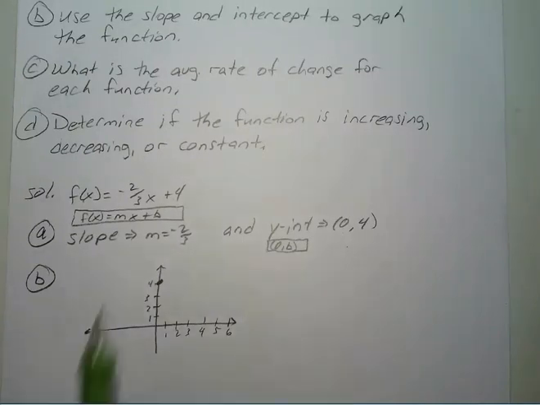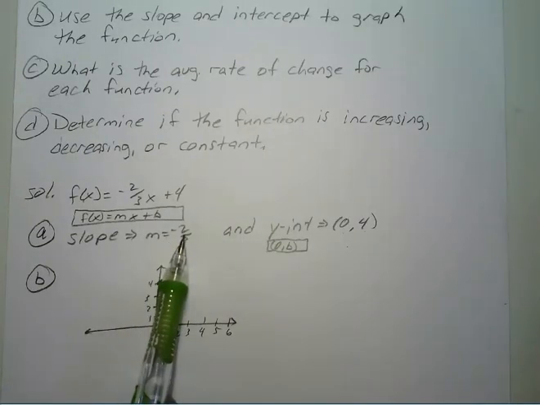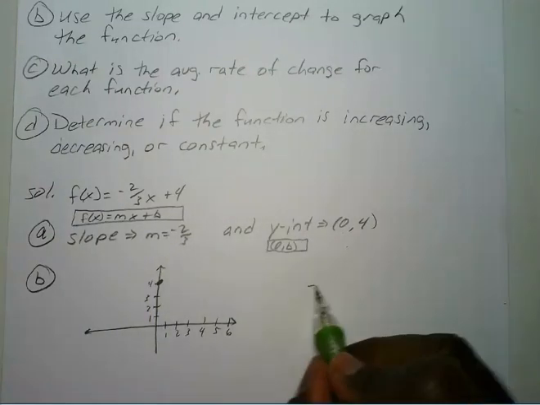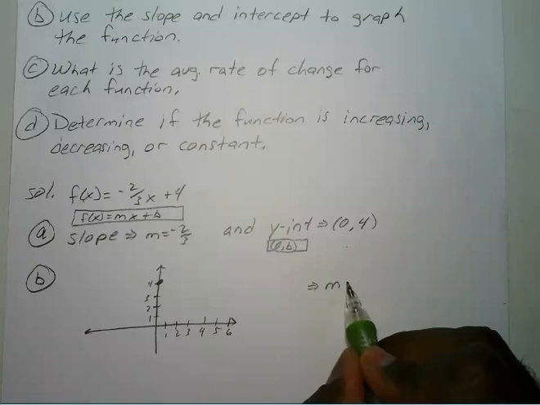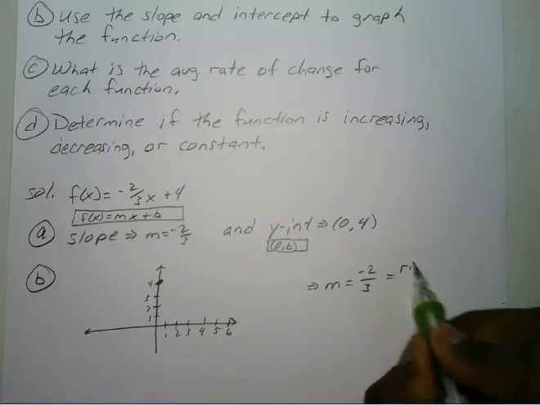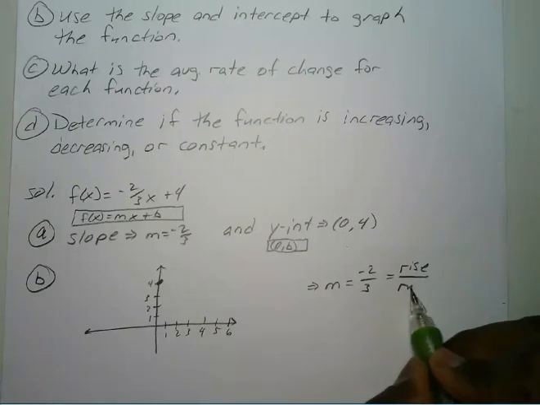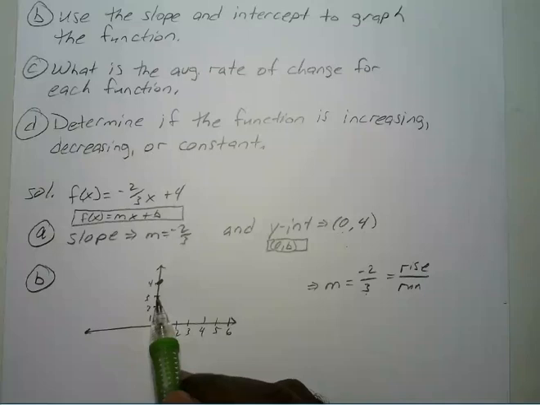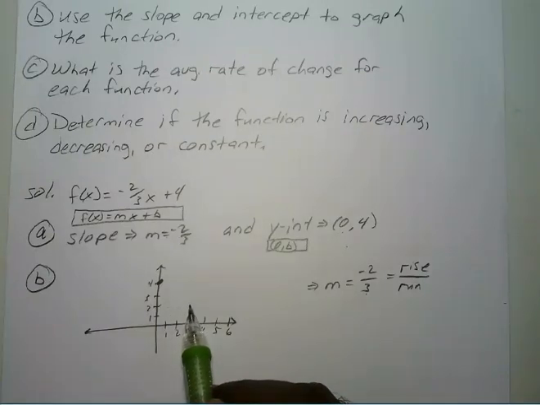Okay. Now using the slope, remember we have a negative slope, so we know it's going to be decreasing. So remember your slope, which is negative 2 over 3, is also your rise over your run. Okay, so if we start here at our y-intercept, we go down 2 and to the right 3. So we have another point on the line.